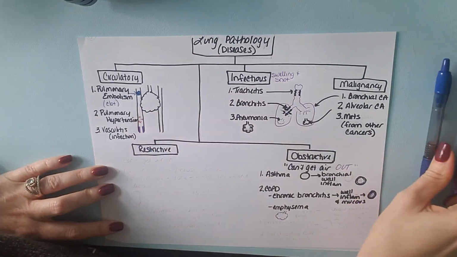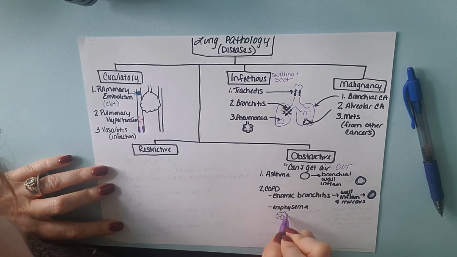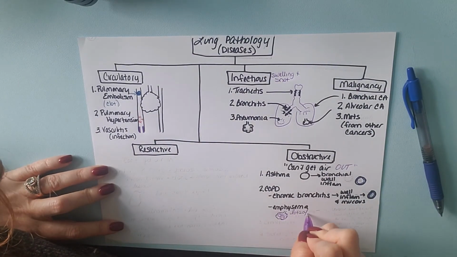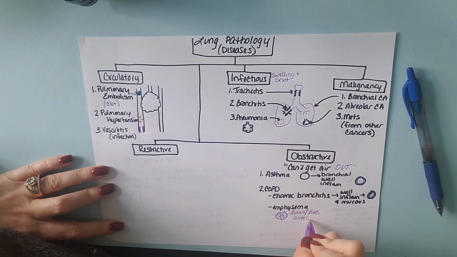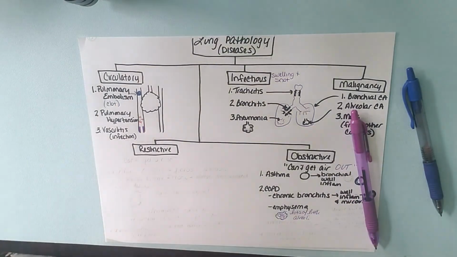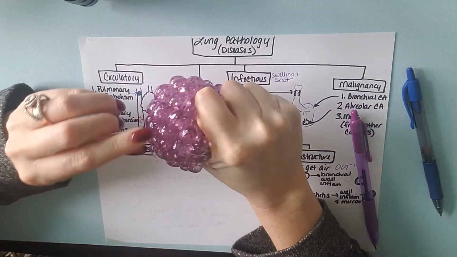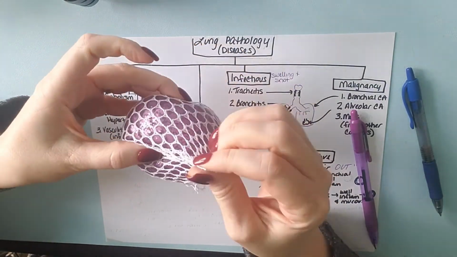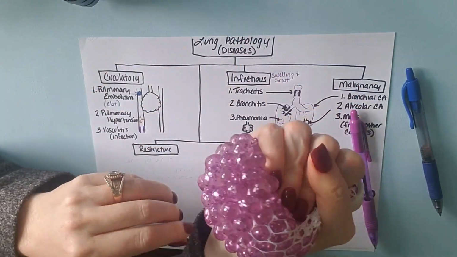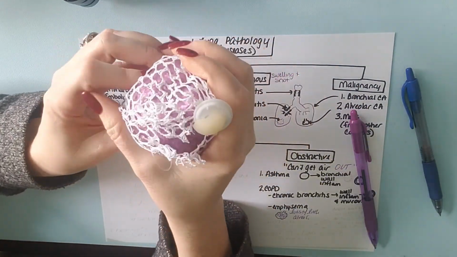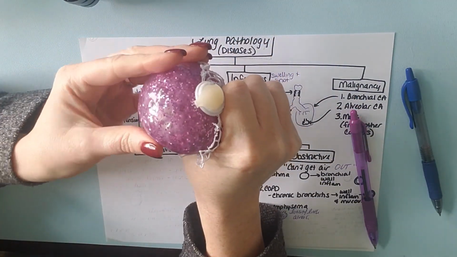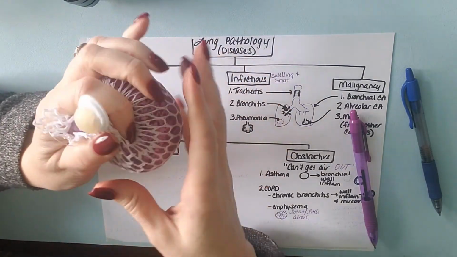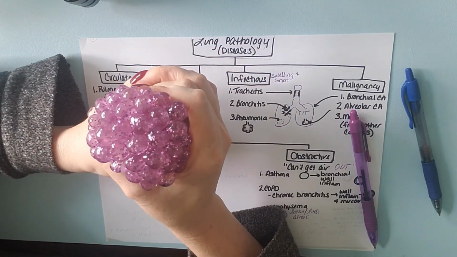This is a normal alveolar sac. There's lots of little alveoli inside. That is a good source of surface area. So here's all the little alveoli. And now with emphysema, that essentially breaks. So instead of looking like this, it looks like that. So there's less surface area, so there's less capillaries that can pass by than with that.